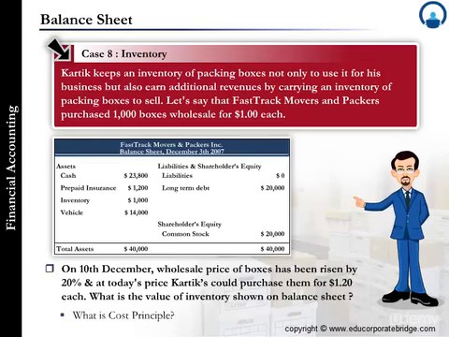Cost principle. Each of the company's assets is recorded at its original cost, and even if the fair market value of an item increases, we will not increase the recorded amount of that asset on the balance sheet. Only the lower of the original cost or fair market value is taken. Law of conservatism states that if the value of an asset decreases, then we record that decreased value in our accounts.